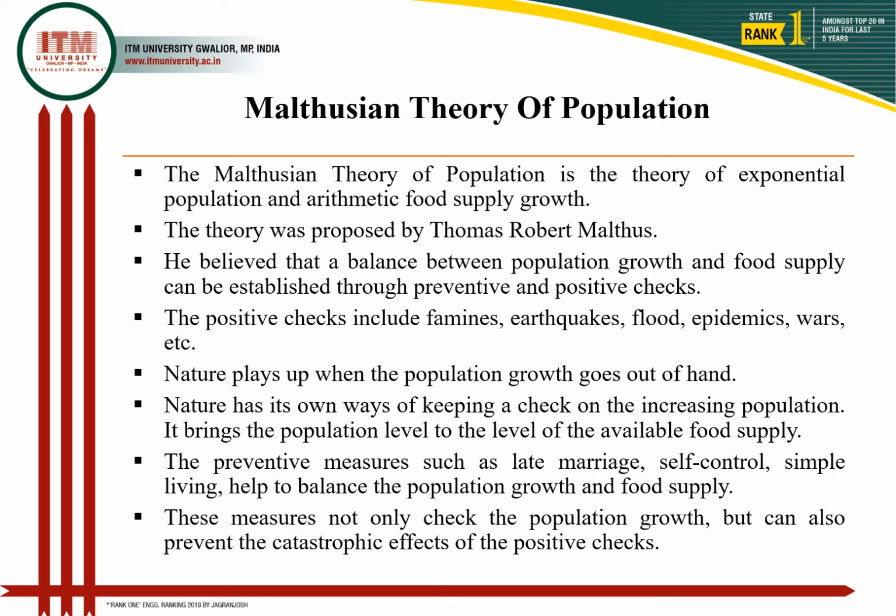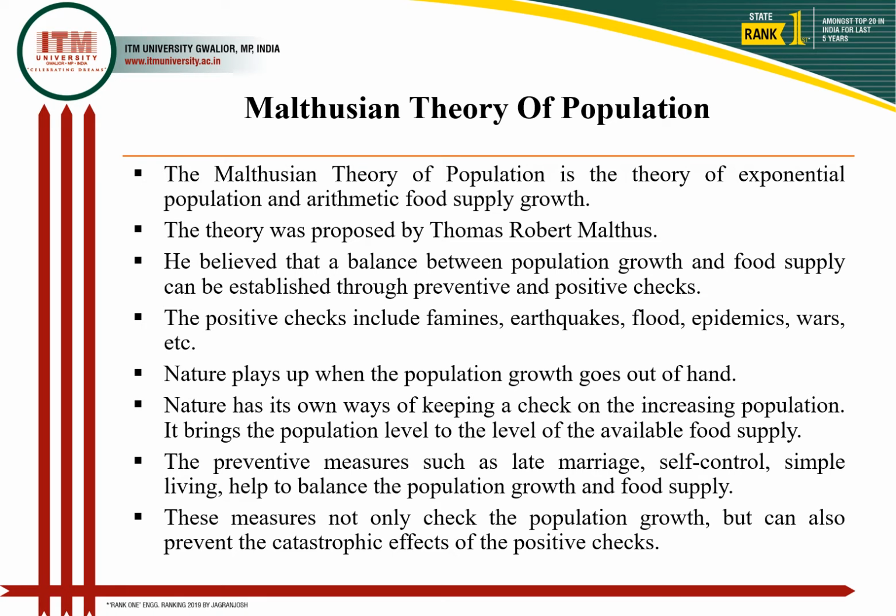So in order to bring down the population to a level compatible with the available food supply, there is a need of positive checks in the form of famines, earthquakes, floods, epidemics, war, etc. And you can say that this COVID case is one of the outcomes of that. You can say it is a positive check also.